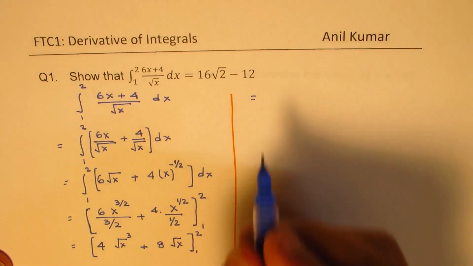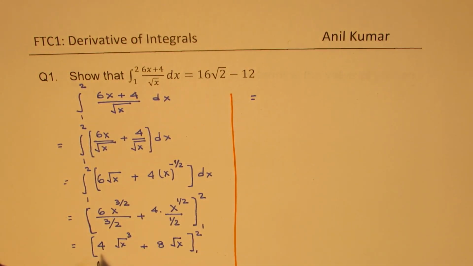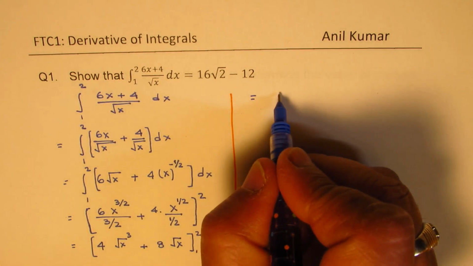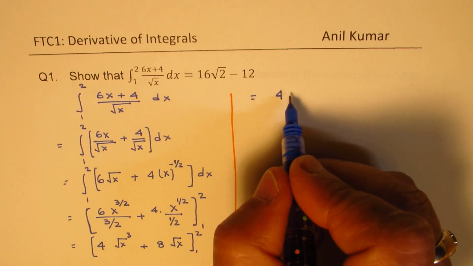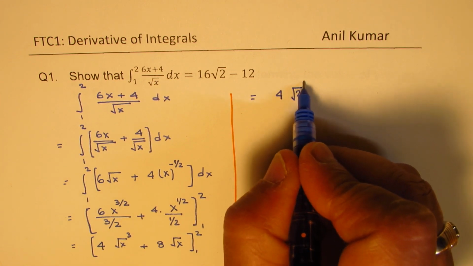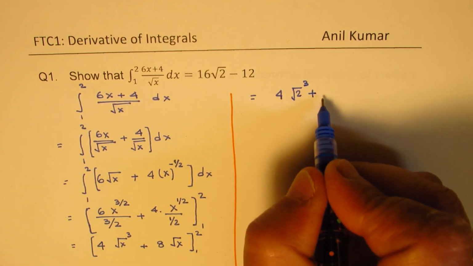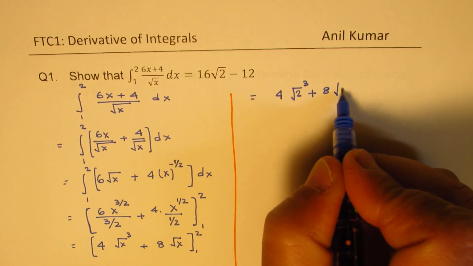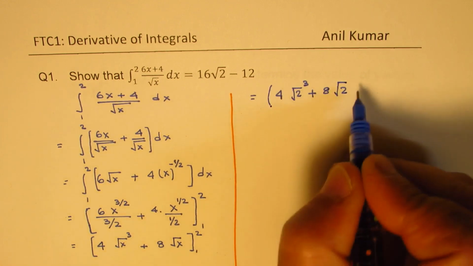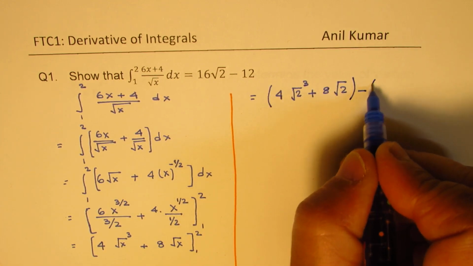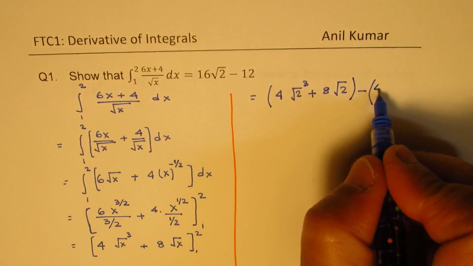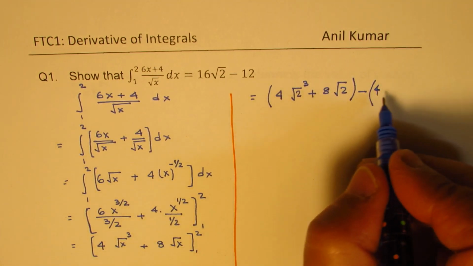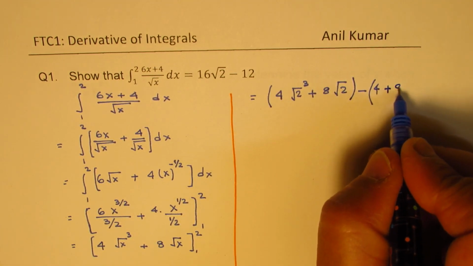So substituting 2, we get 4 square root of 2 cube plus 8 square root of 2, minus 4, substituting 1 now, plus 8.